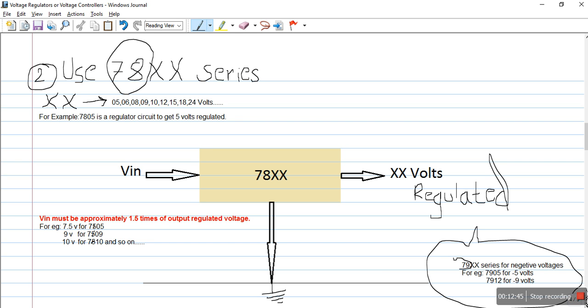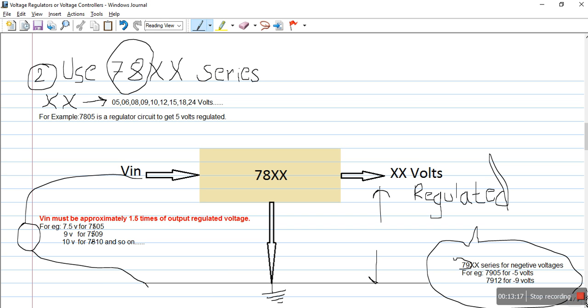Right? So basically this is a 3-terminal IC. One is the input terminal, one is the output terminal, and another is the ground terminal. You give input voltage and you get output voltage. You connect the input voltage with respect to ground, and I am observing the output voltage with respect to ground.